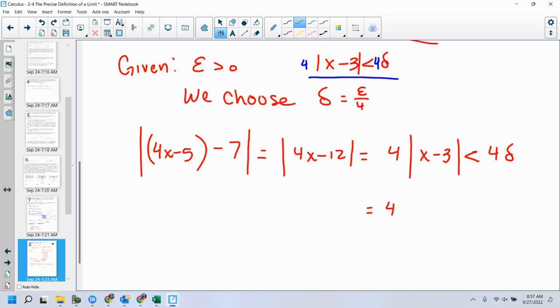So we can say a new statement here. We can say that 4 delta is equivalent to 4 times epsilon over 4, which is equivalent to epsilon.